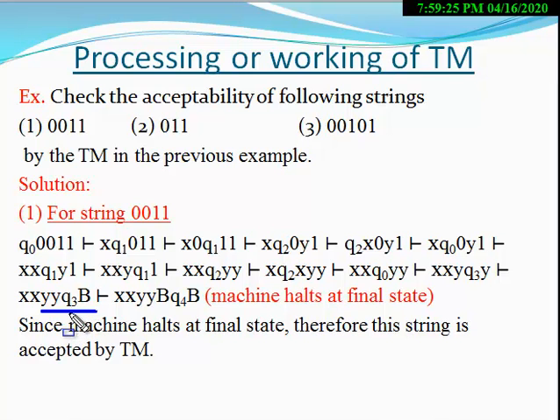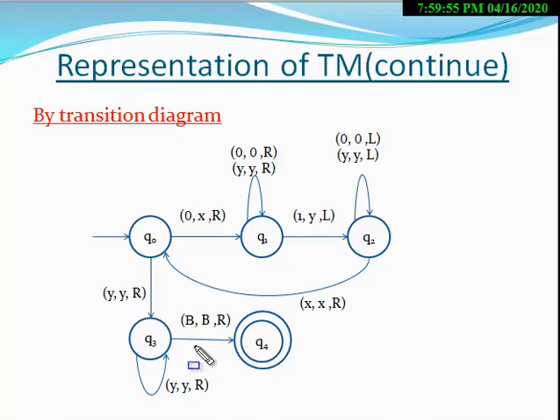Here situation state is Q3 and the tape symbol is blank symbol. Here B is a blank symbol, right? Blank symbol is denoted by capital B letter. So here now you have to check which transition rule will be applied here. So Q3 blank. So look here at the state Q3, tape symbol B appears.